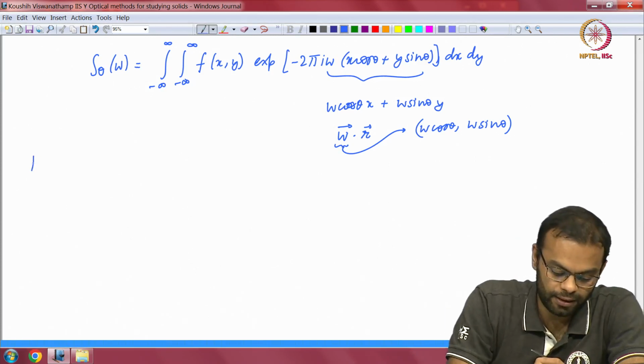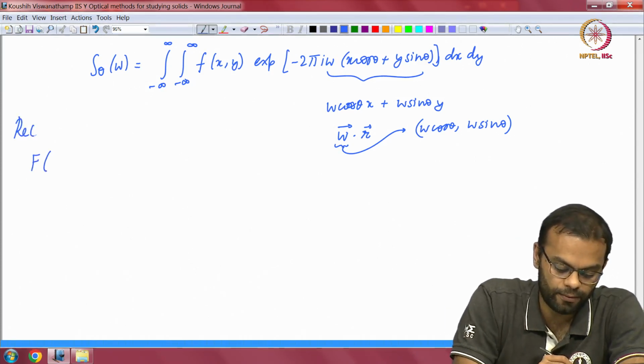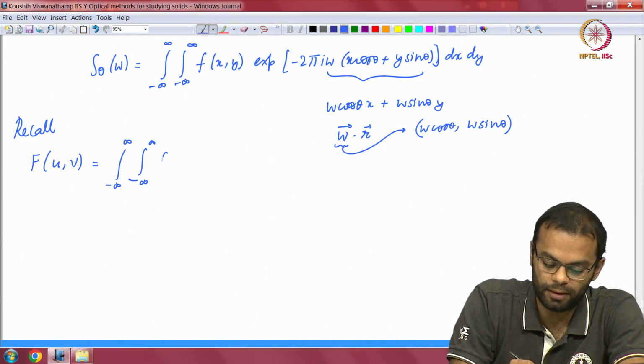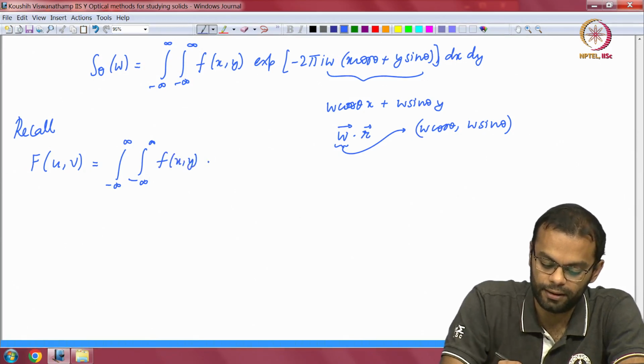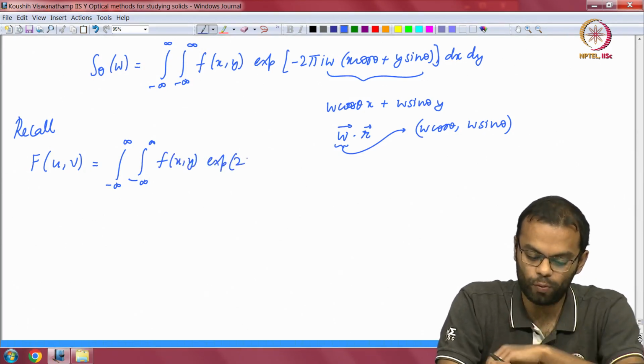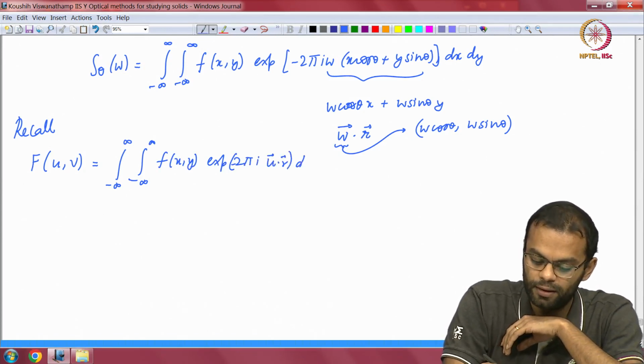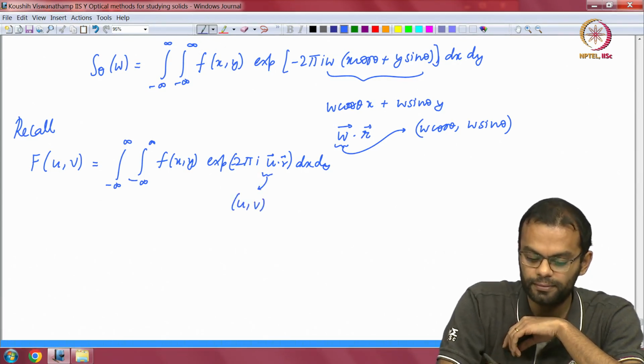If you go back and recall the 2D Fourier transform expression, this had a double integral of f of x y, exponential of minus 2 pi i u bar dot r bar dx dy, and this u bar was u comma v.